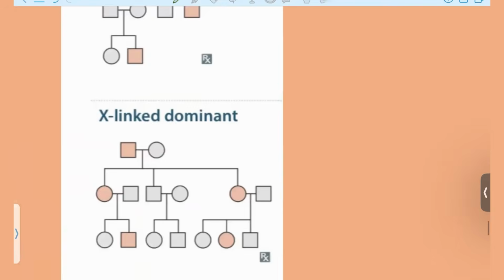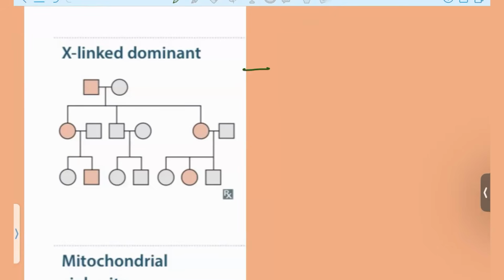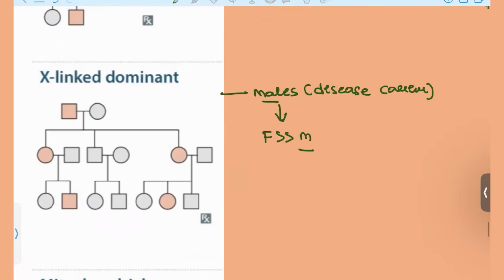Coming to the last one, X-linked dominant. Here, males are the disease carriers, causing the disease in their children, and females are more affected than males. In X-linked recessive, only males are affected, whereas here, fathers transmit the disease to their daughters.